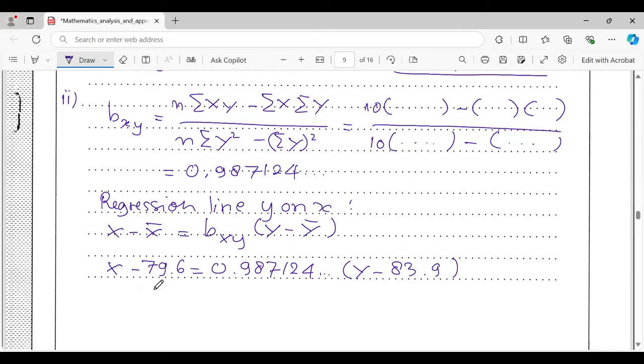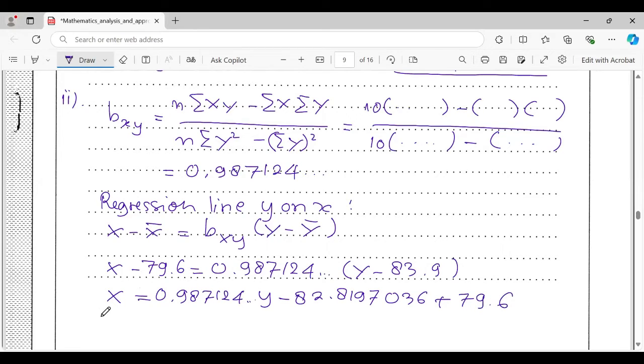But it's multiplied, so it's going to be x equals 0.987124 times y, then times 83.9 minus it, minus 82.8197036, plus 79.6.